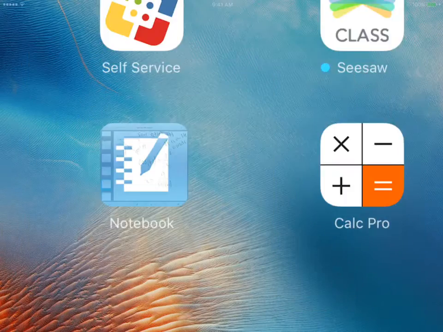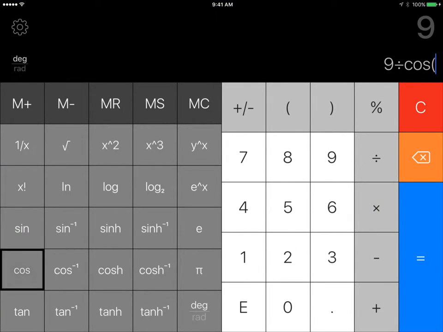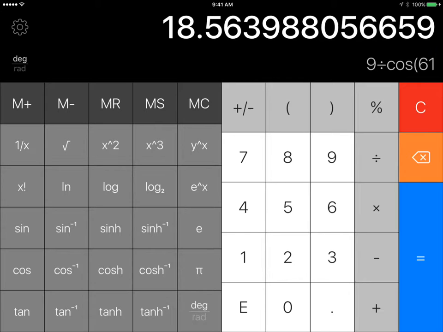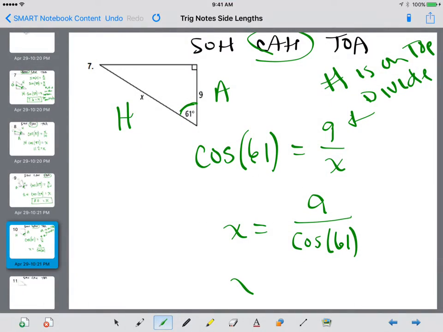So we go to our calculator and we type in 9 divided by cosine 61, and we get 18.56, which is 18.6. So x is going to equal 18.6.